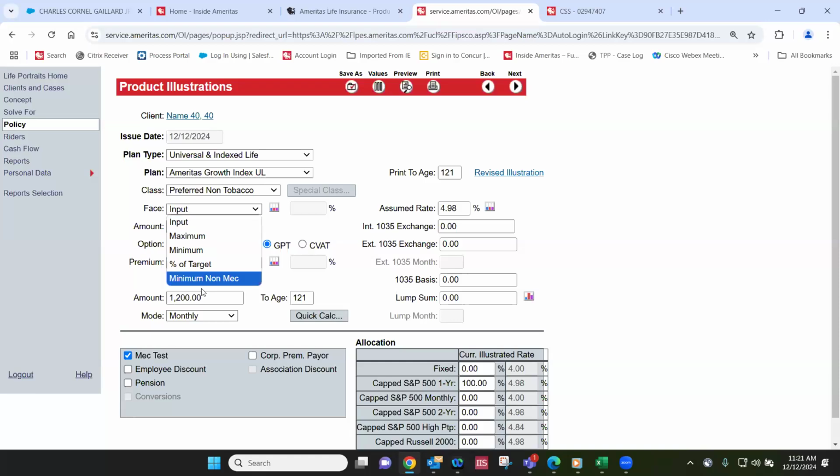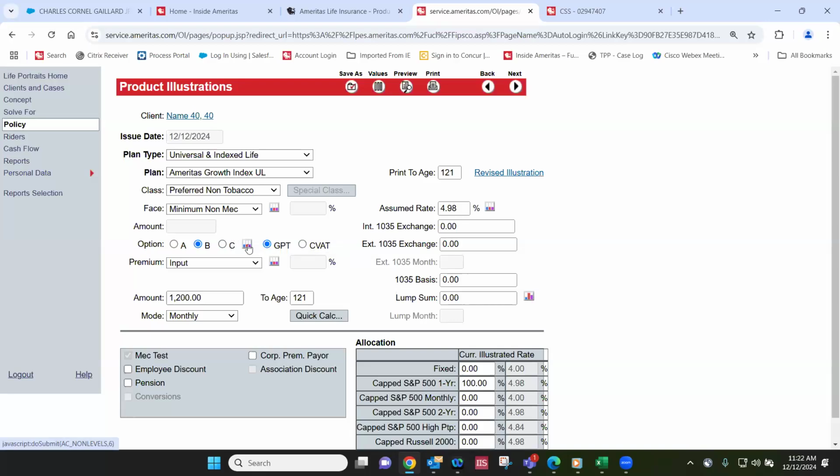What we would do here then is, for the death benefit, I would recommend starting with a minimum non-MEC death benefit. What this is going to do is allow the death benefit to be as low as possible, maximizing the cash accumulation. To get it as low as possible, we do option B while the gentleman is funding the contract.